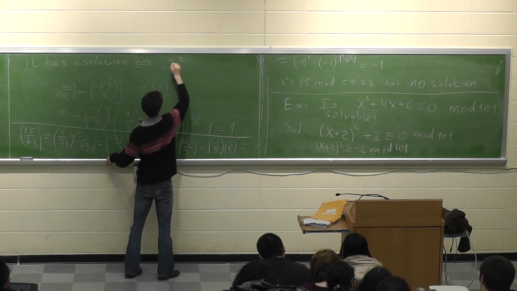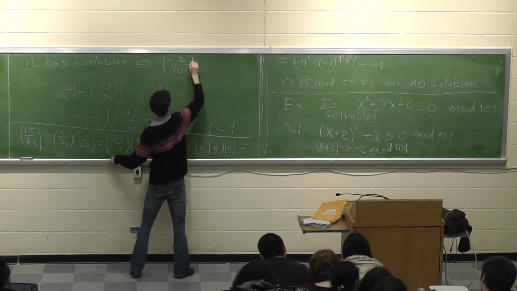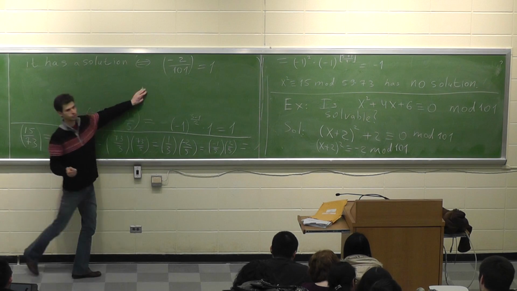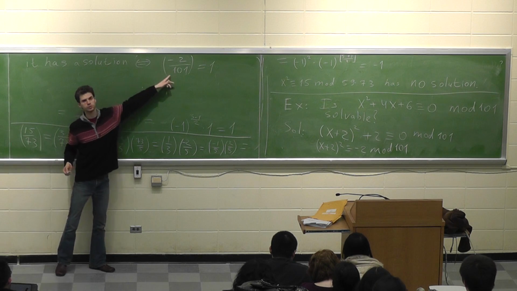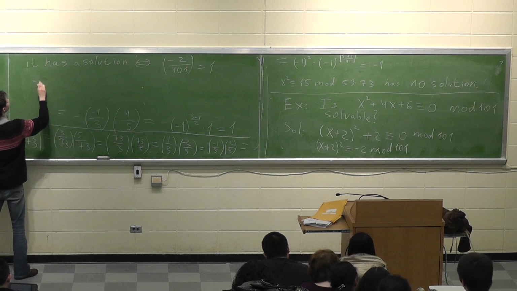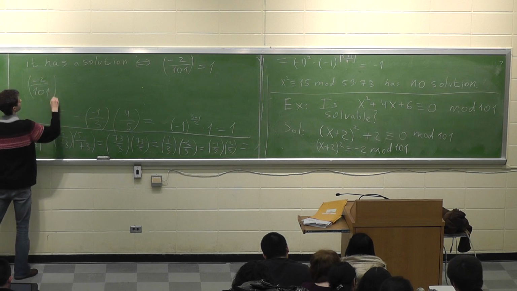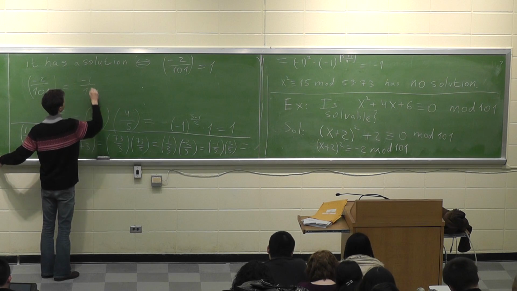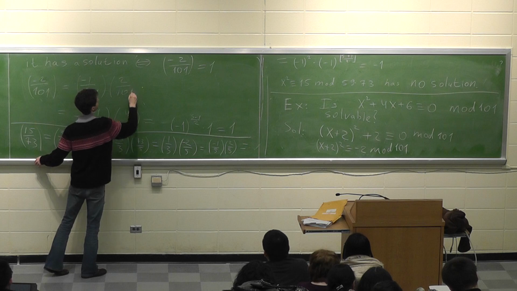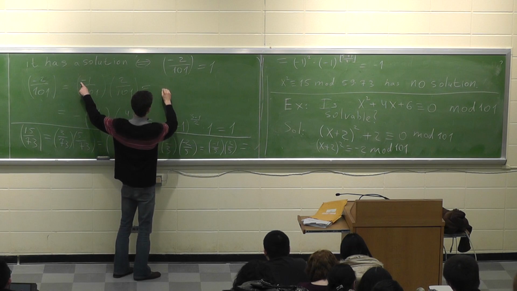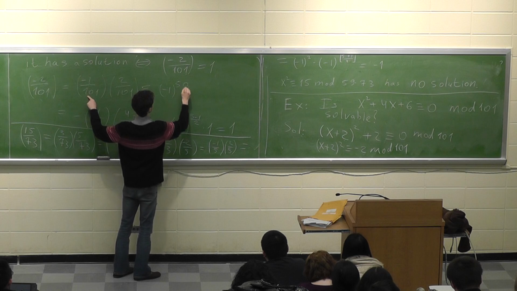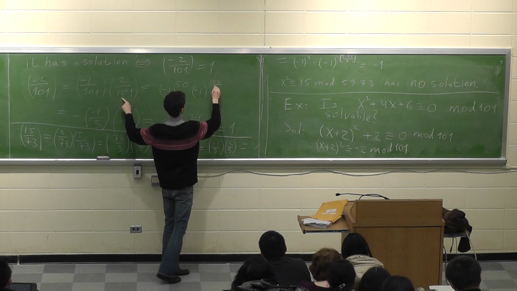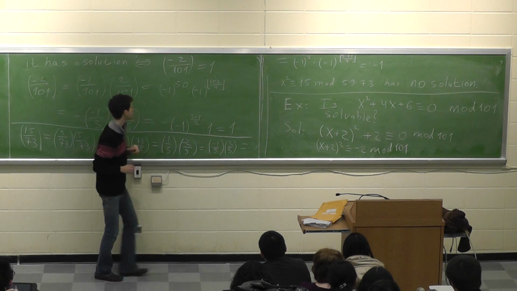So it has a solution if and only if negative 2 is a square, is a quadratic residue. And once again, quadratic reciprocity allows you to actually solve this. What is negative 2 over 101? Well, minus 1 over 101 times 2 over 101, which is minus 1 to the power 50 times minus 1 to the power of 102 divided by 4, integer part.